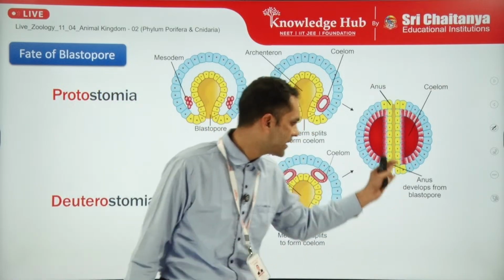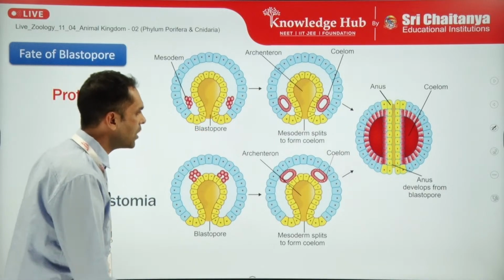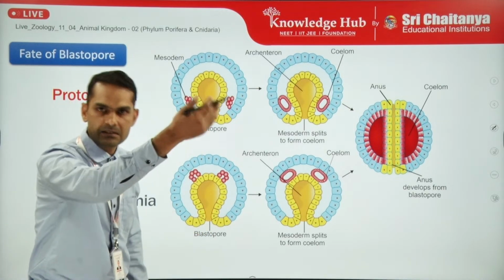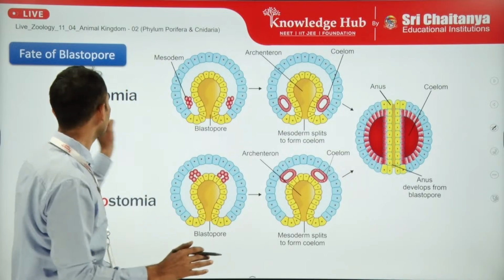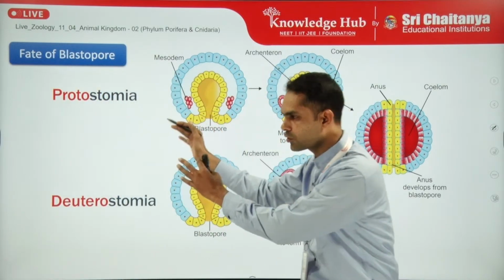Here we can see the diagram, that if the blastopore is forming mouth first, anus later, then it will be called protostomes, and the organisms are categorized into protostomia.